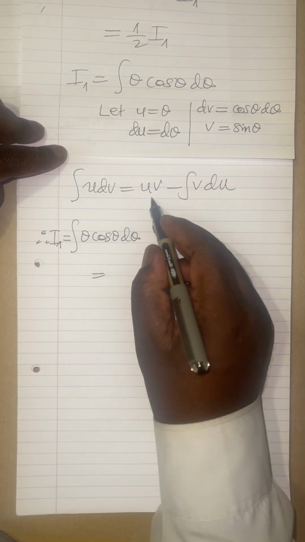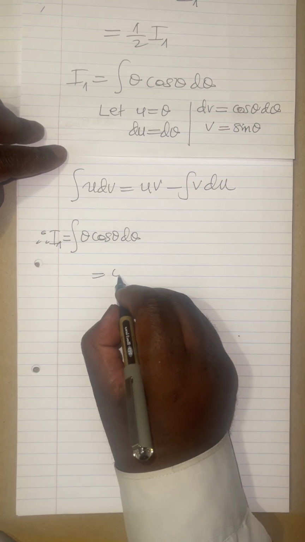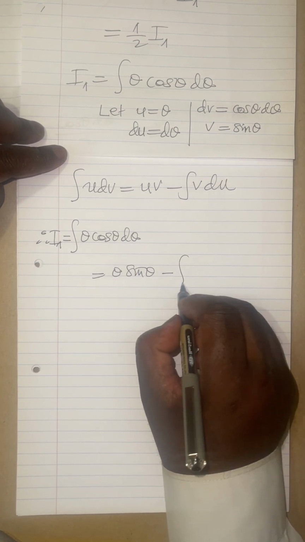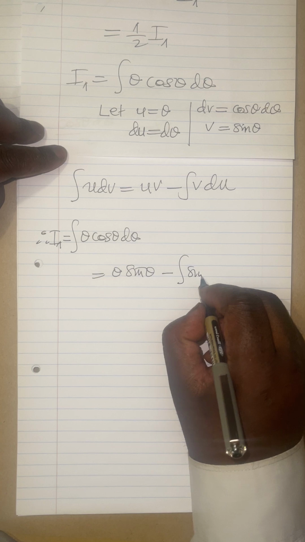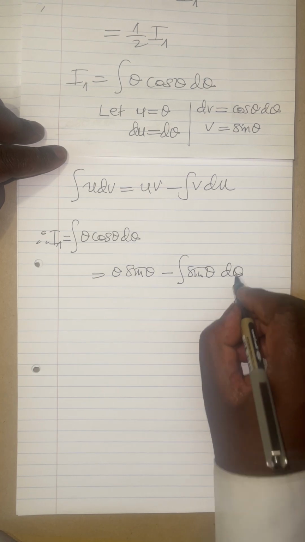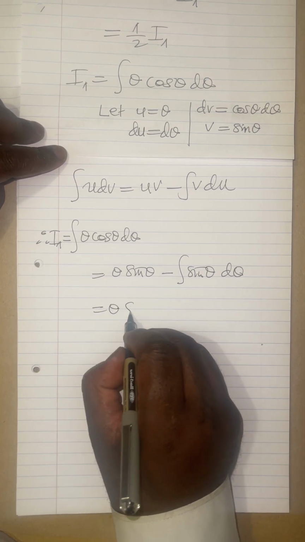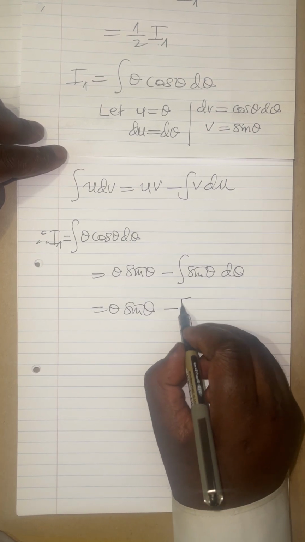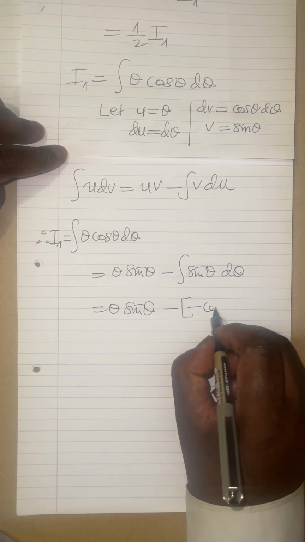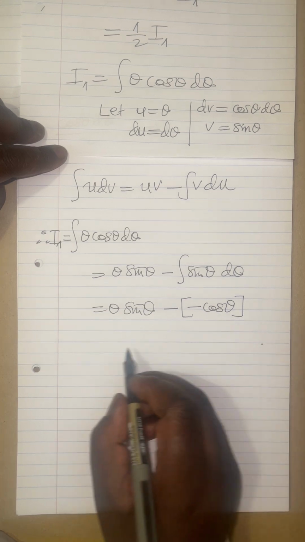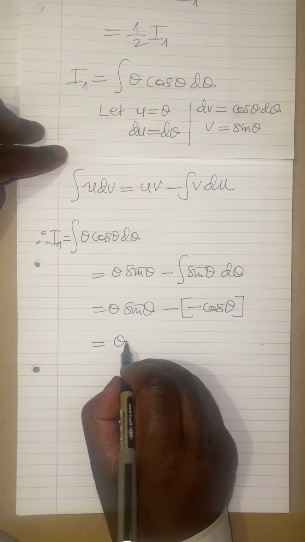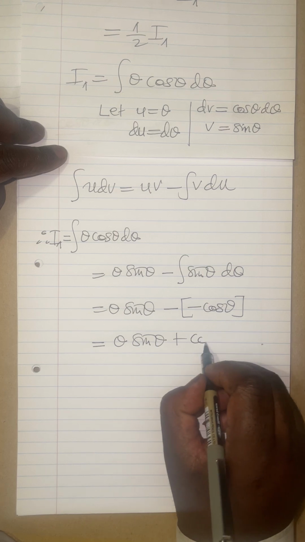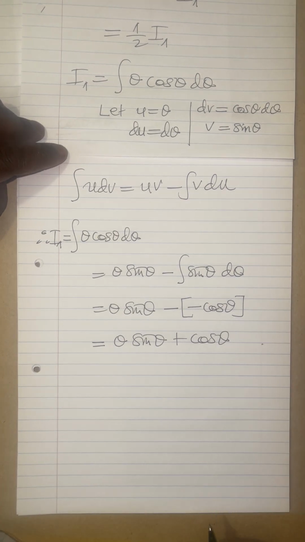This must be equal to: what is our u? Theta. What is our v? Sine theta. Minus the integral of v, sine theta, d theta. So this is theta sine theta minus, what is the integral of sine theta? Do not forget that the integral of sine theta is minus cos of theta. Now watch how I'm using brackets there. Theta sine theta plus cos theta. Now this is our I1.